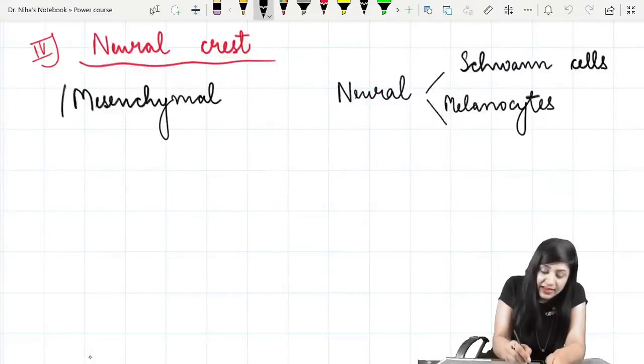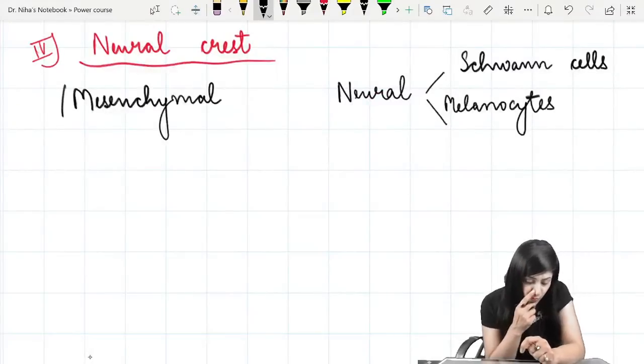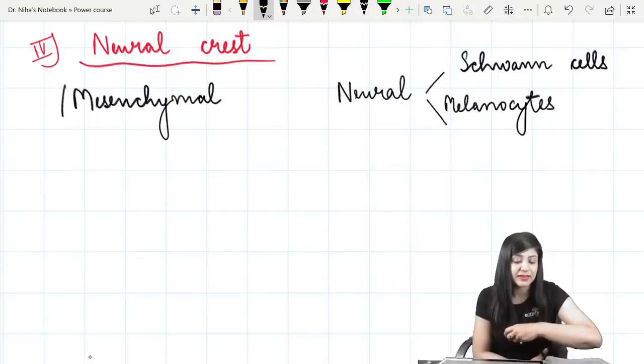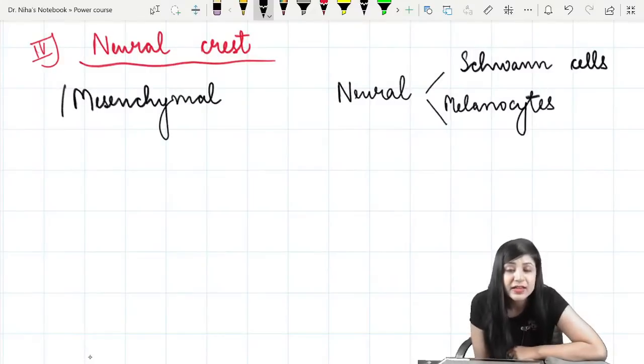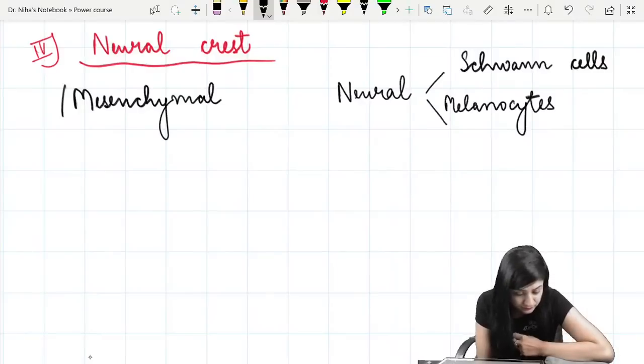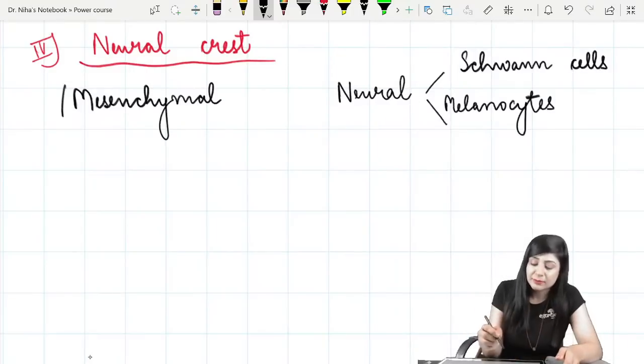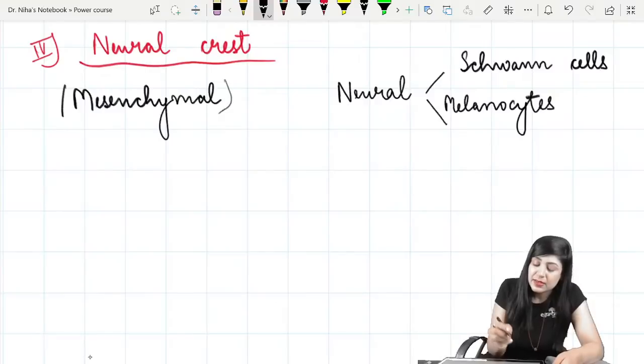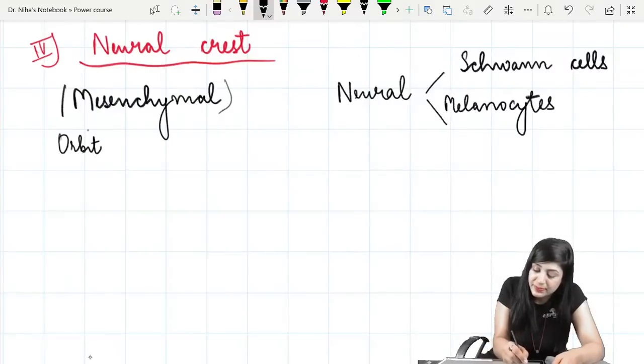While the mesenchymal part gives the choriocapillaries and the hyaloid artery. So all the blood vessels will come from there. Now we come to the mesenchymal part. Mesenchymal part is responsible for the orbit.